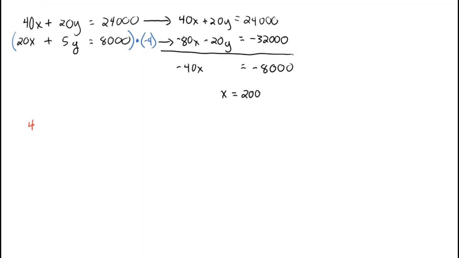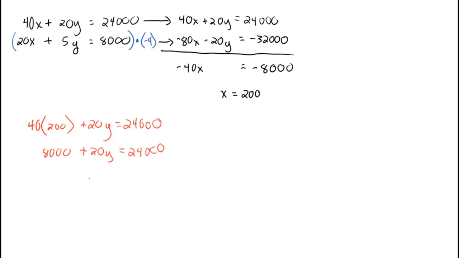So when I do that, I get 40 times 200 plus 20y equal to 24,000. Okay, so then 40 times 200 is 8,000 plus my 20y equal to my 24,000.